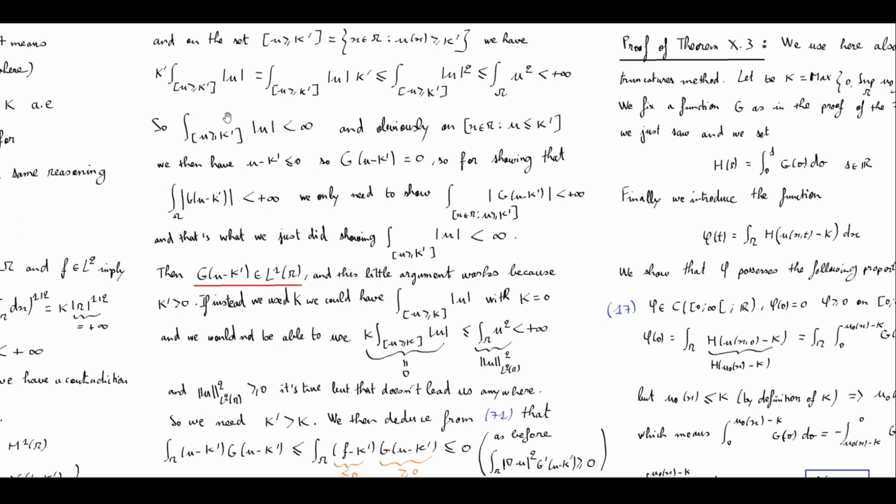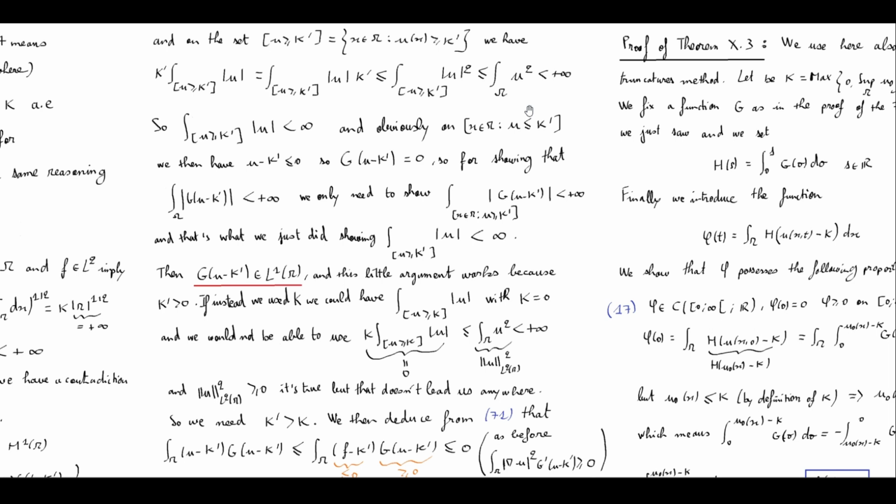is finite, and obviously on the set where the x in omega are such that u is smaller or equal to k prime, we then have u minus k prime negative, so g of u minus k prime equals 0.